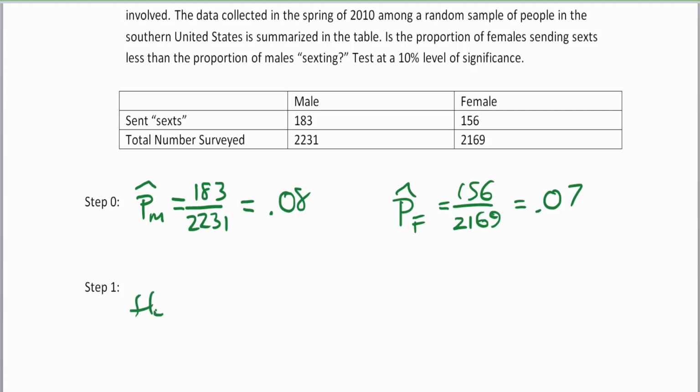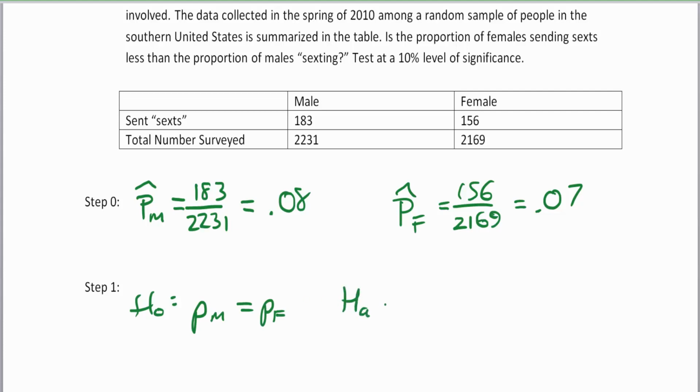So that means our null hypothesis is going to be males is equal to females. Whoops, not mu. Sorry, it's going to be p. Our p of m, that's p-hat technically, but we're just going to put p sub m here, is equal to p sub f.